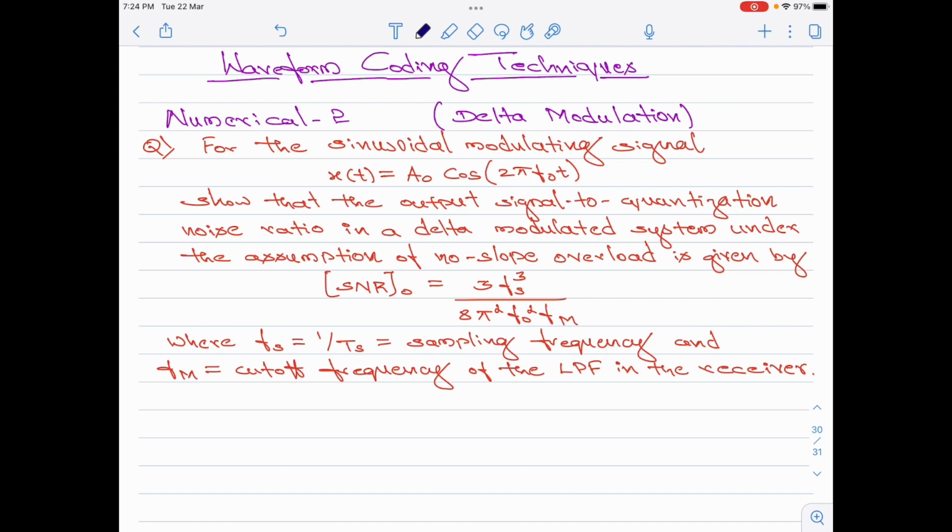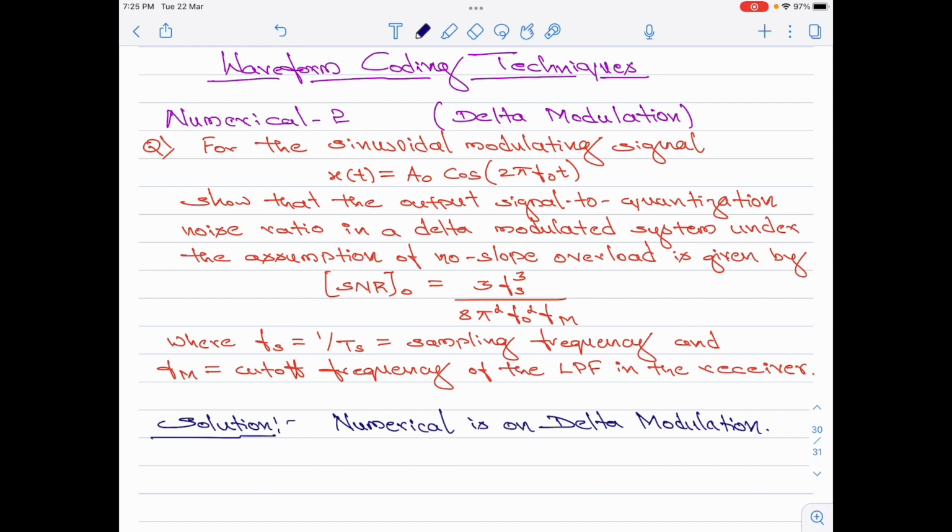Right, let us start with the solution part here. First and foremost, we recognize that the numerical is based on delta modulation. Then we note that we are asked to find an expression for signal to quantization noise ratio.